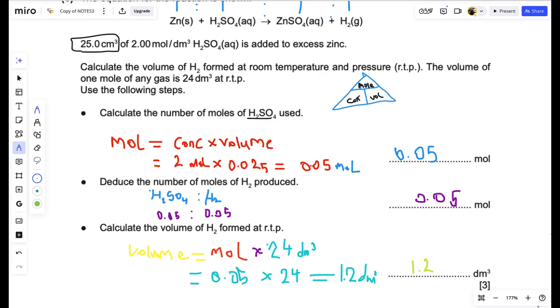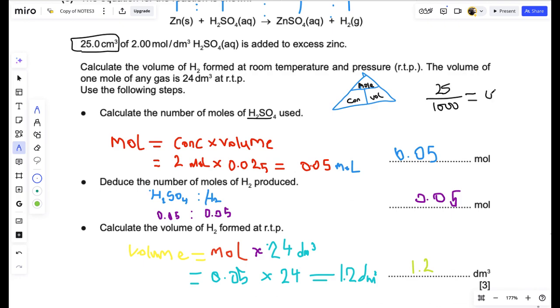If you're looking for mole, you say concentration multiplied by volume, so 2 times the volume. The volume is 25 divided by 1000, which gives you 0.025.